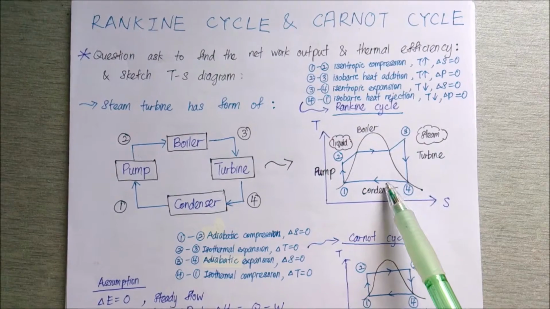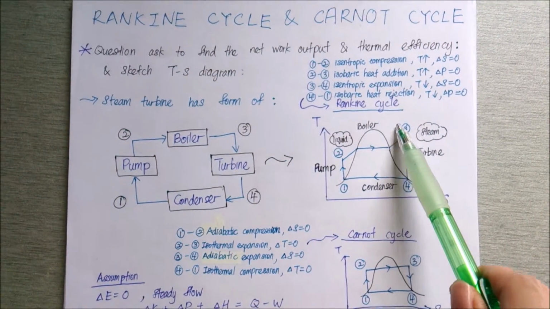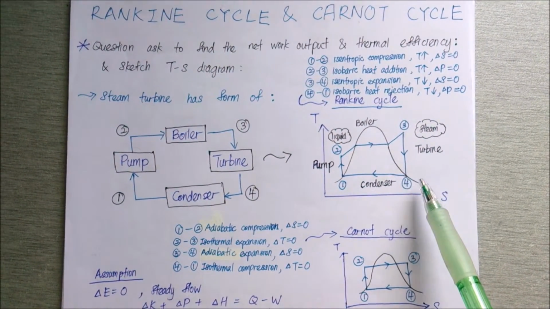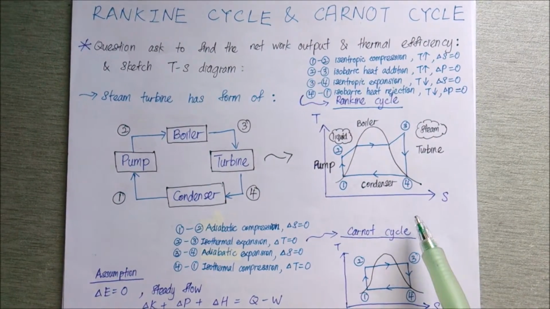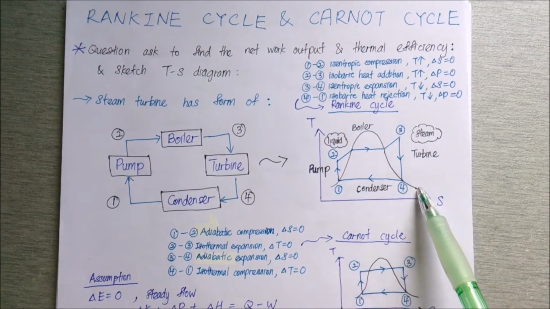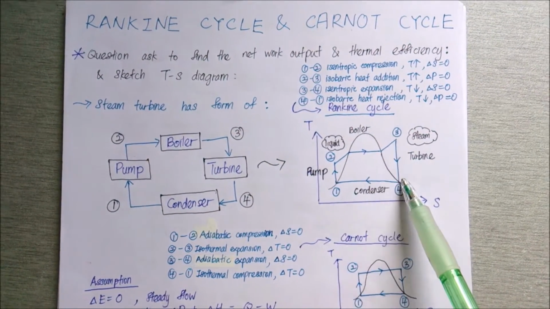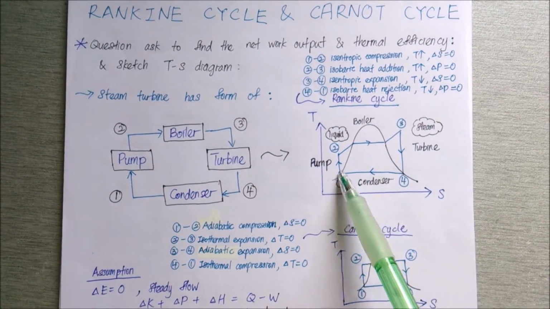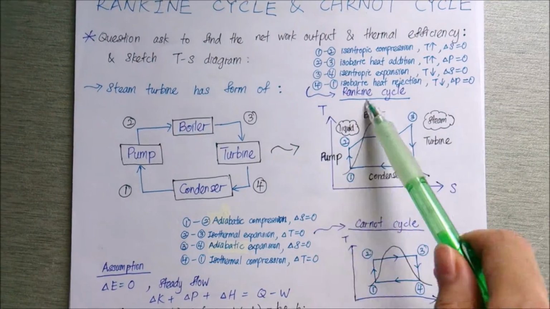Process 3-4 is an isentropic expansion, and the entropy is constant, so again a straight line. Finally, process 4 to 1 through the condenser is a constant pressure heat rejection, and the change of pressure is 0.